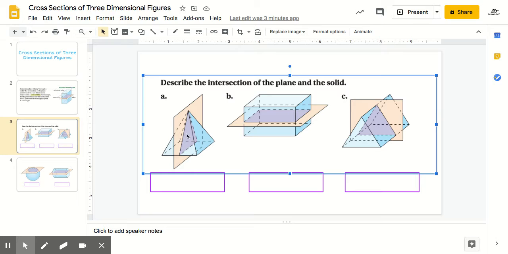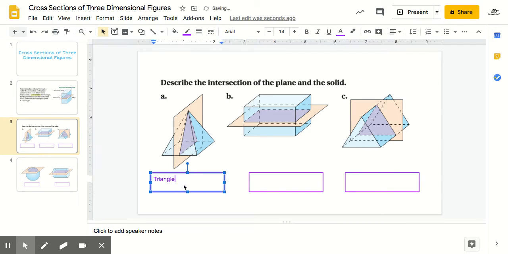Okay, again, we want to look at this purple shape that was formed when it was sliced in half. We just need to identify what shape is this cross section. What shape is this purple section? It's a triangle. So the cross section of this pyramid and plane is a triangle. All we got to do is write triangle.